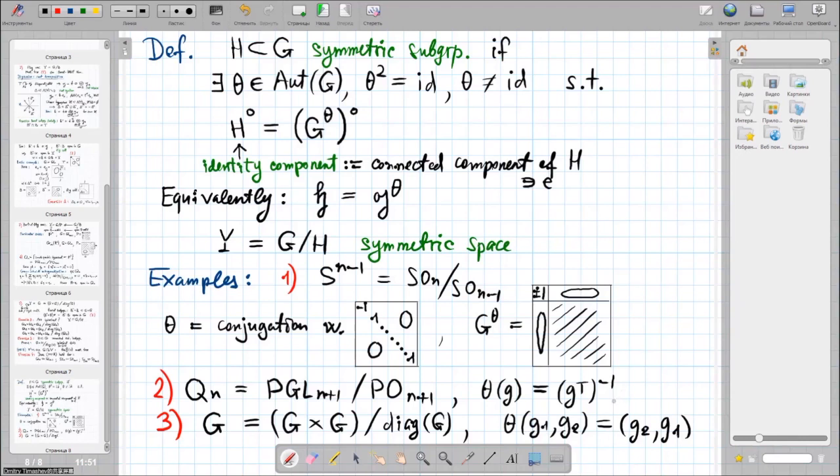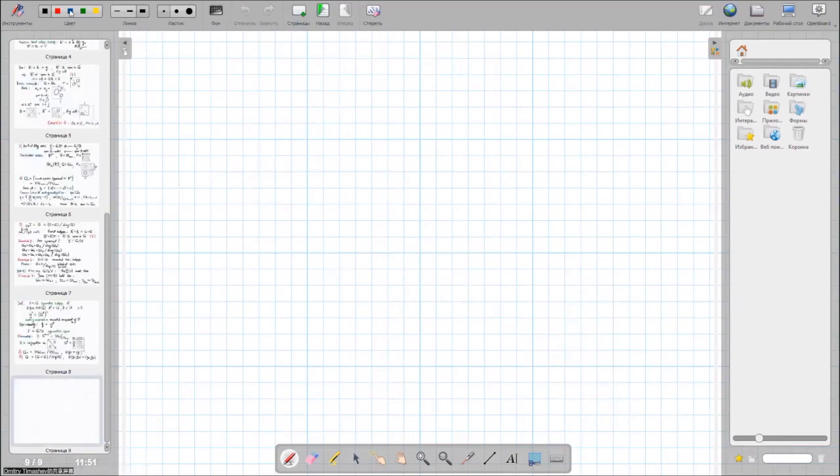So all these are examples of symmetric spaces, and also all these spaces are spherical. And this is not incidental. Actually, we have the following theorem, which says that symmetric spaces are spherical.